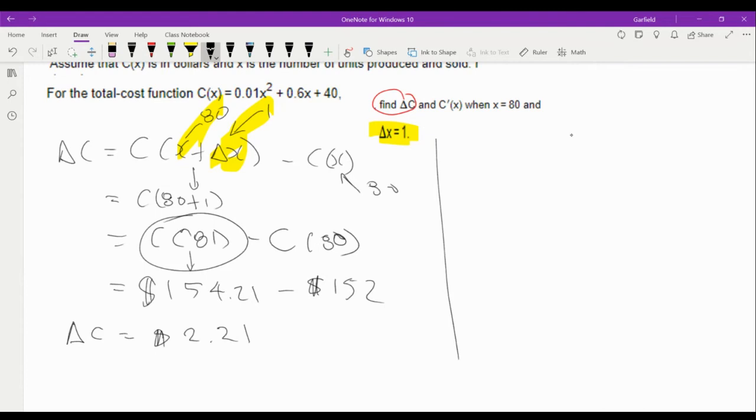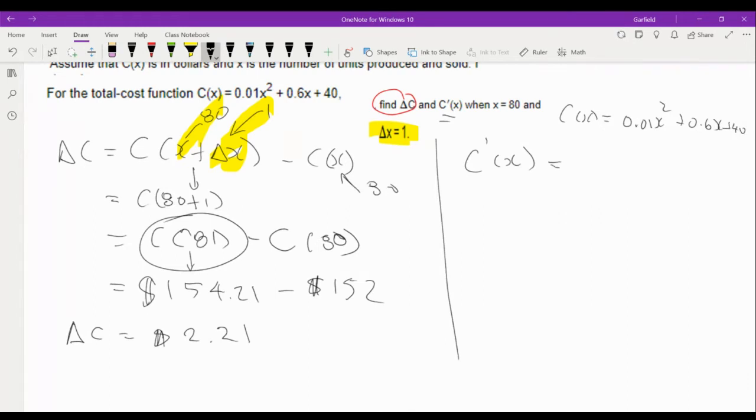Let's do C prime of X, because that's what they're also asking us to find. So we know C of X itself is equal to 0.01 X squared plus 0.6 X plus 40.